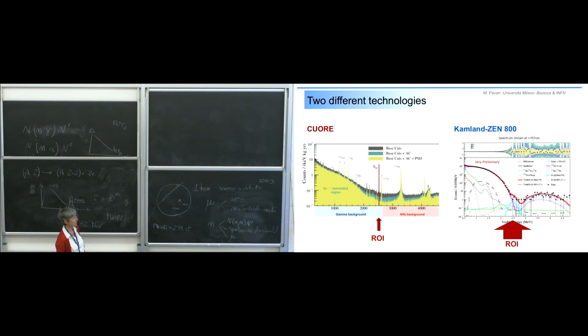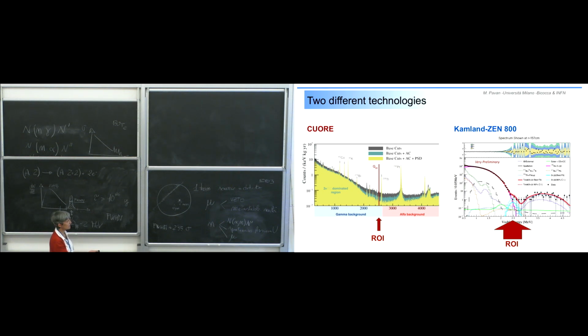This is the background, I mean, the physics data, we call it background because it's populated by background events and we have not yet seen any neutrinoless decay. This is the background, the physics data collected by the CUORE experiment, with a bit more than 5 keV energy resolution.